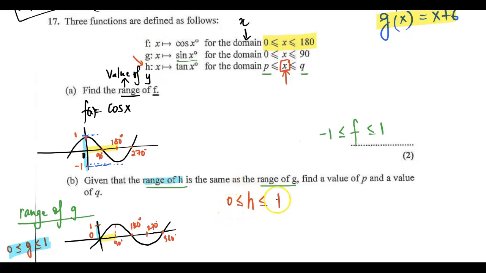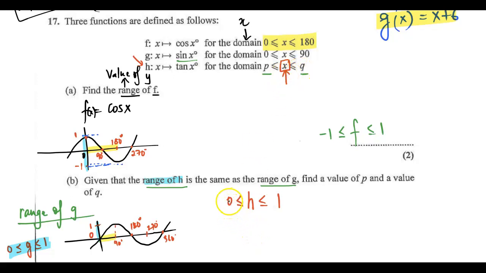We have got the range of h as 0 to 1 and we have to find the values of p and q. p and q are for x. I think I said range over there, but p and q are the domain of x.